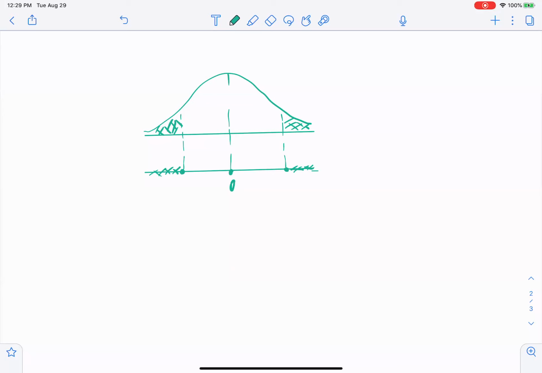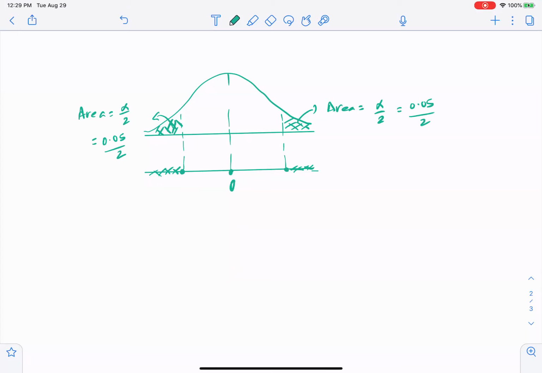Think about it. So 0.05 divided by 2, that is all you need to know. The same logic applies to confidence intervals as well. So here, 0.05 over 2, 0.05 over 2.